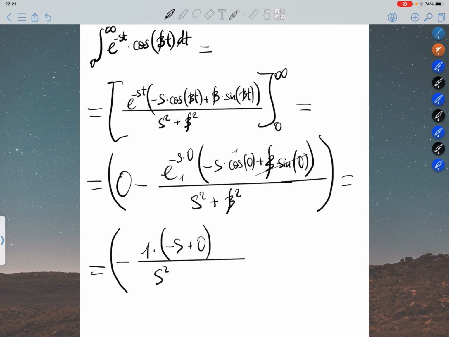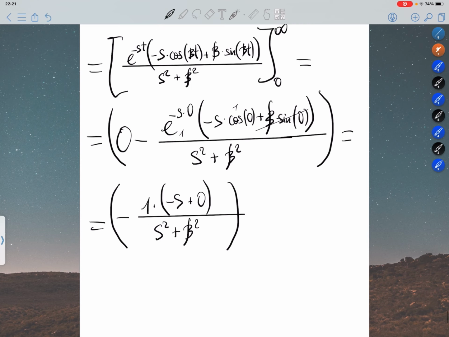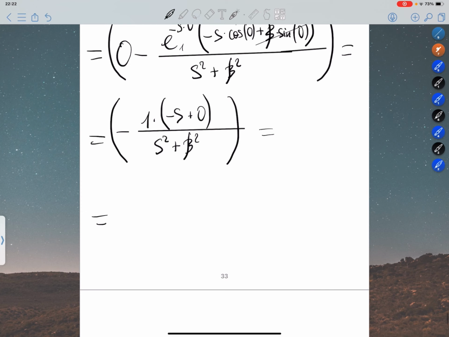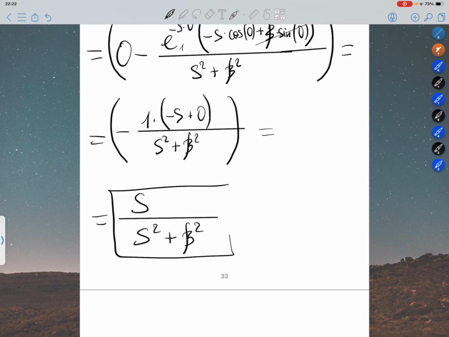And then we have s squared plus beta squared, right? Now this minus would make this positive, so this is equal to s over s squared plus beta squared, and that is our final answer.